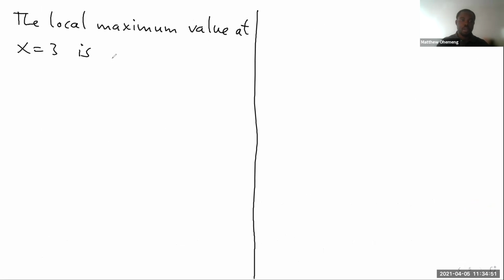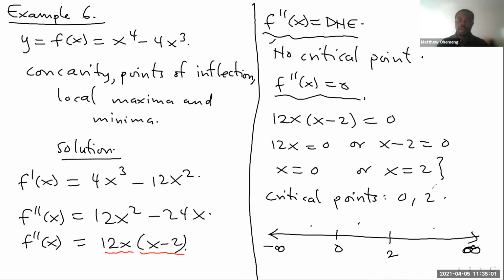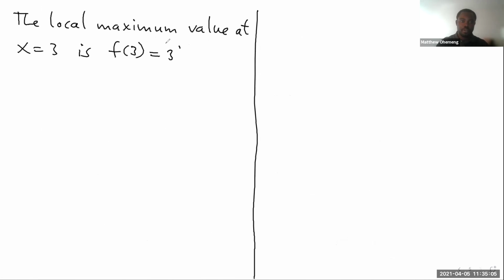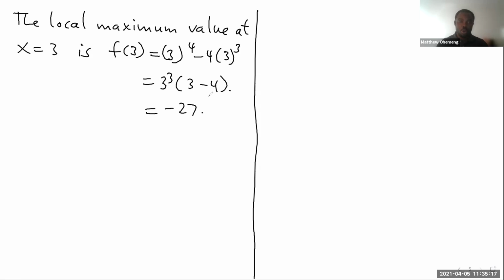That will be the original function evaluated at 3, which is 3 to the power 4 minus 4 times 3 to the power 3. I can factor out 3 to the power 3 and have 3 minus 4. So that's negative 27. This is your local minimum value at 3.